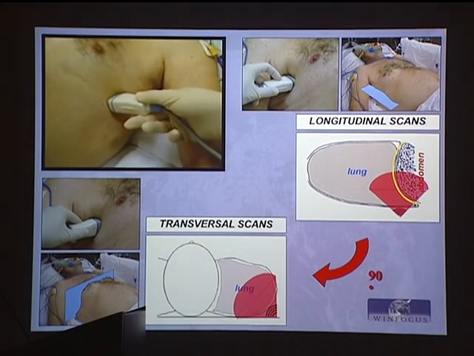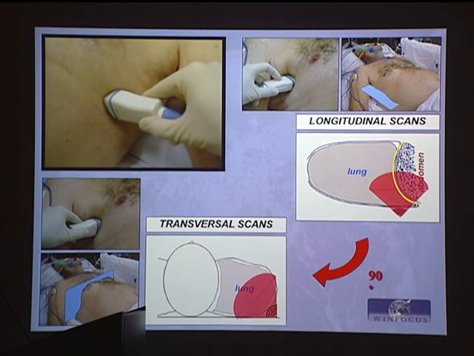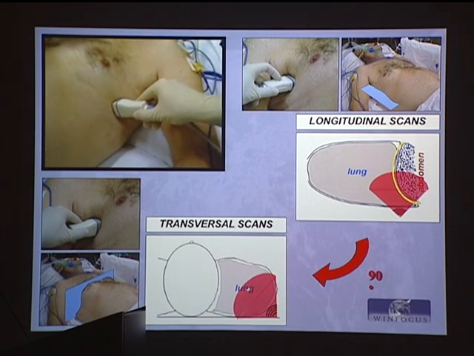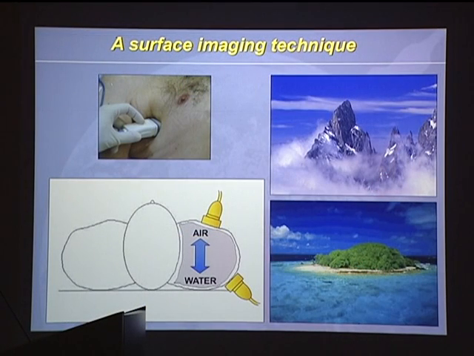You can have a longitudinal and transversal view and all the oblique scanning, but at least for most of the windows, you should have these 2 kinds of look.